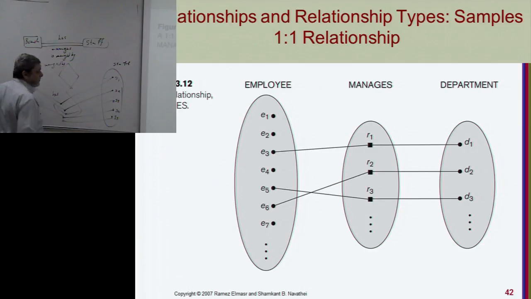Who is the manager of B1? Of course, he is one of these staff, S1, 2, 3. Right? So let me assume it is S2. Let me use a different color. Right?